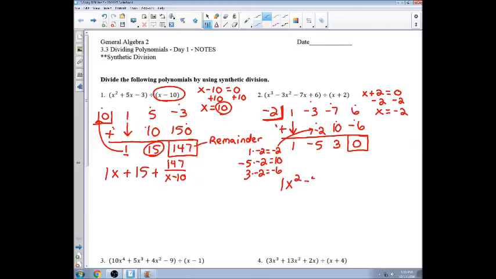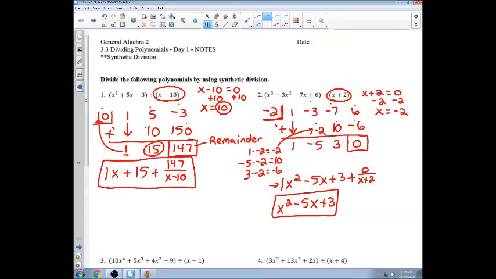Then I have -5, 1 degree less than x squared is just x. +3, 1 degree less than x to the first is x to the 0, which we do not have to put in there. Then I have plus 0 over x plus 2. Well, 0 divided by anything is just going to be 0, and I don't really need this +1 in there. So to rewrite this polynomial, it would be x squared minus 5x plus 3, and I am done.